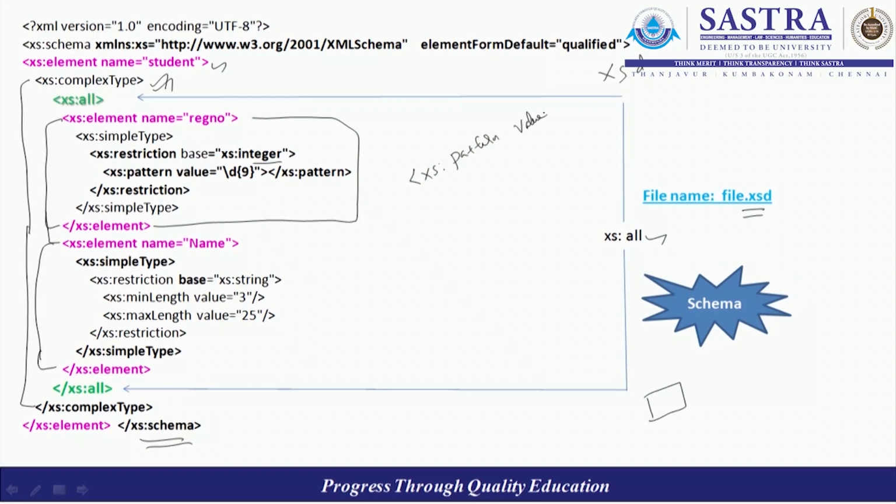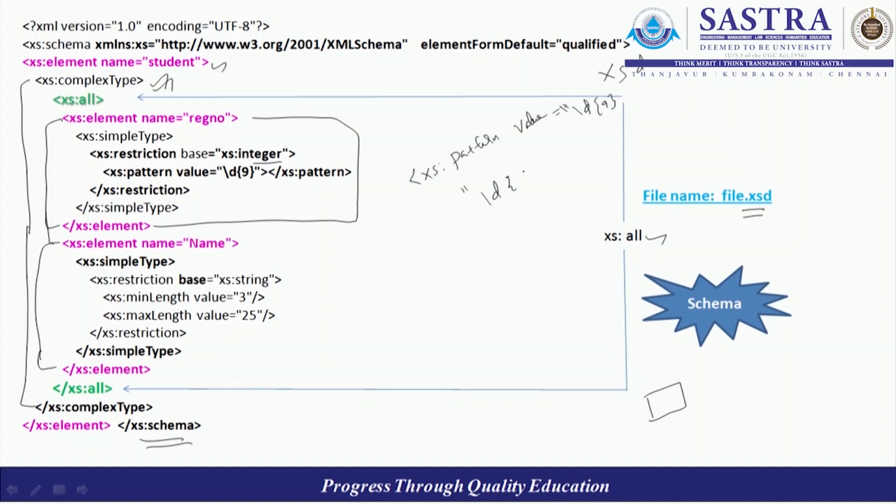And we have to specify value equal to, within double quotes, we can give \d, opening and closing braces, in between I have given 9. So exactly 9 digits required for this. Suppose if I give \d within double quotes, d in the sense it is a decimal, that is digits.